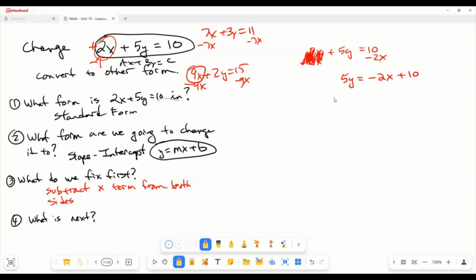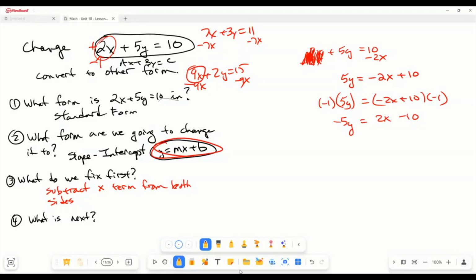If I take this side and multiply by -1, and I take this side and multiply it by -1, this becomes -5y. This becomes 2x minus 10. I'm trying to get to y equals mx plus b.